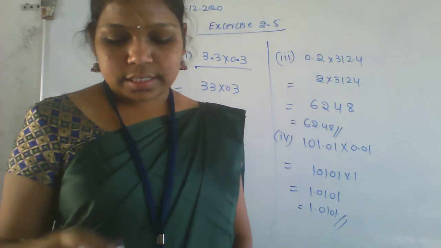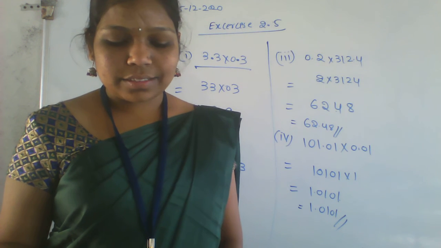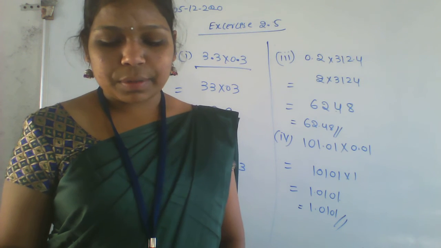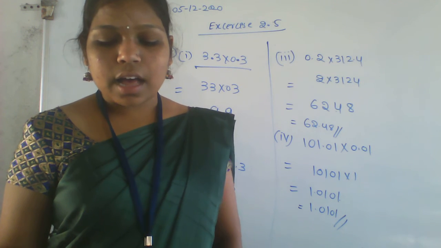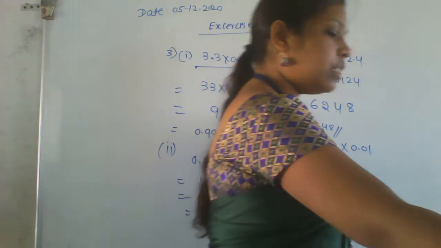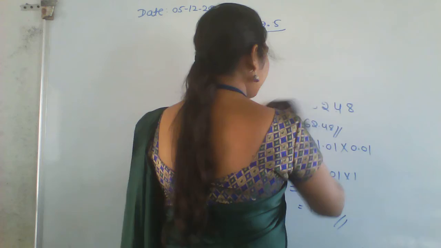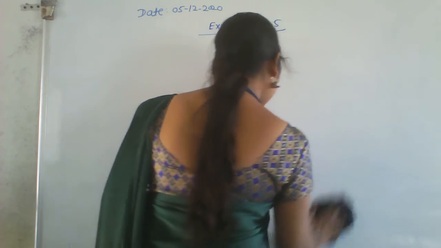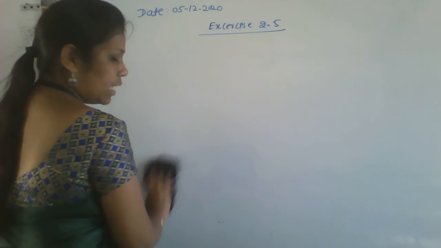Like that do the 6th, 7th and 8th problems. Okay. That fourth one is: one full sheet of paper covers an area of 55.25 square units. How much area will 100 such sheets cover? Means you have to do the multiplication. One sheet area is that much.